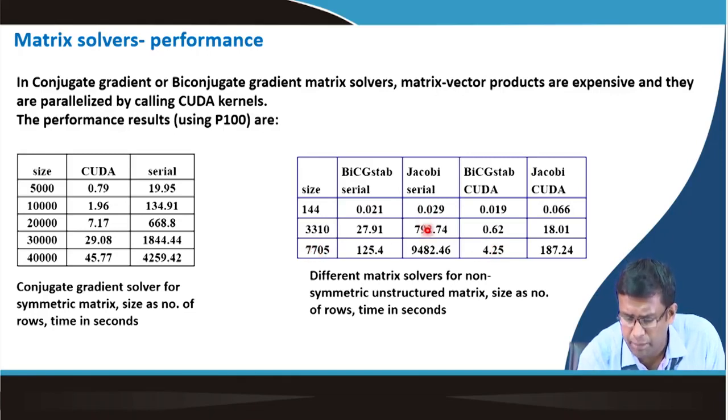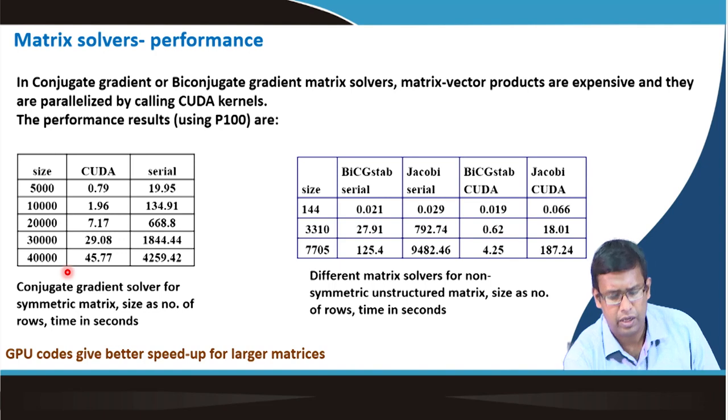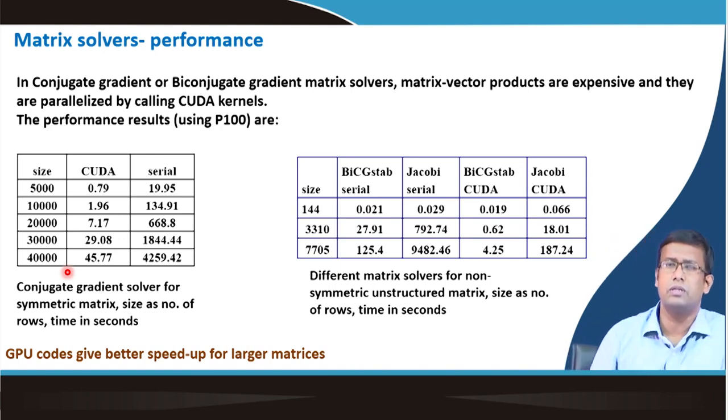As we increase the number of rows in the matrix, the speed up is more. BiCG is for unstructured non-symmetric matrices, and conjugate gradient is for symmetric matrices. As we increase the size, the speed up increases here also. This follows the basics of parallel computing performance: as we increase the problem size, the speed up is better.